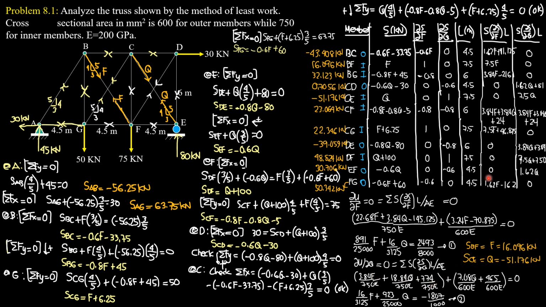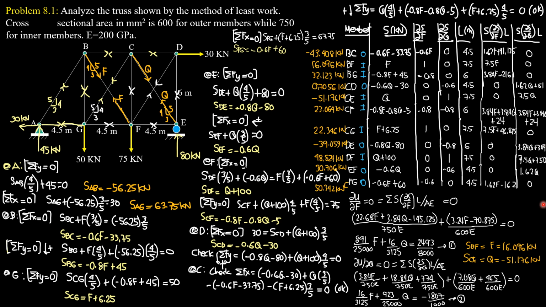For the outer members, you have 1.62 Q plus 3.84 Q plus 1.62 Q. That would be 7.08 Q divided by area of outer member, which is 600 divided by E. And for the constants for outer members, we have 81 and 384.